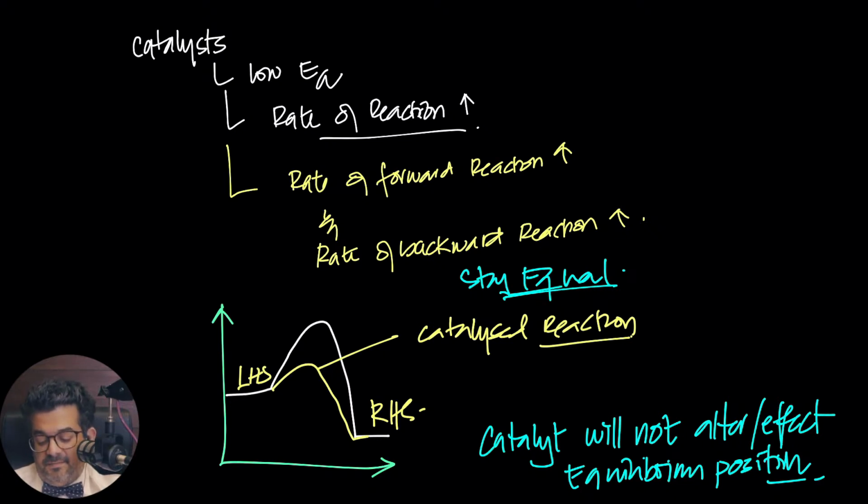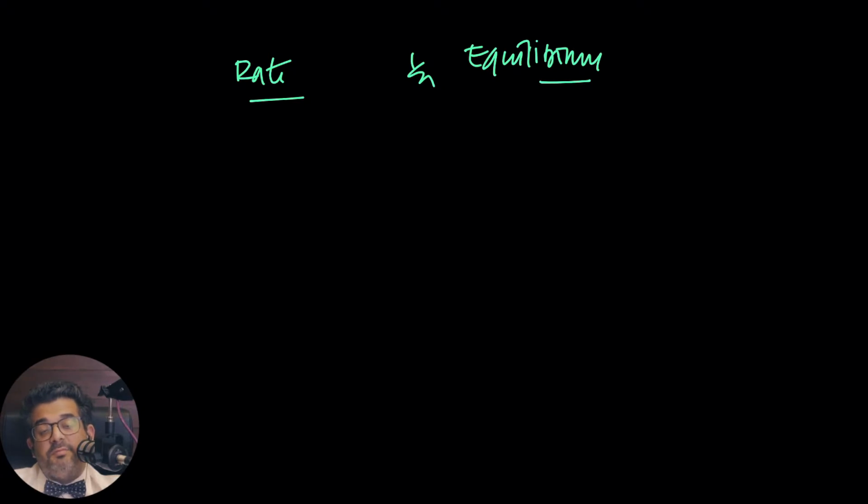Where was I? So yeah, that's what I have. All right. So the questions generally come combining both rates and equilibrium. If a factor can affect both the rate and equilibrium, you should be able to answer both parts. Like if concentration of something is increased, rate will increase and you check the equilibrium.